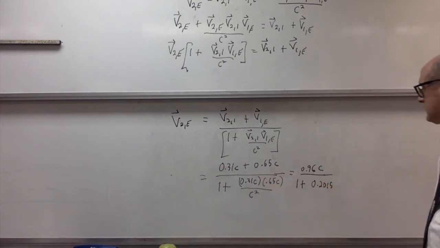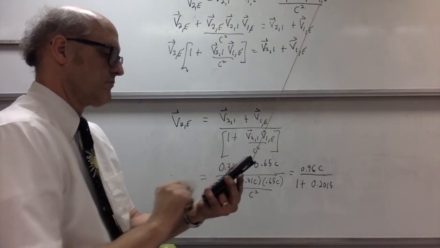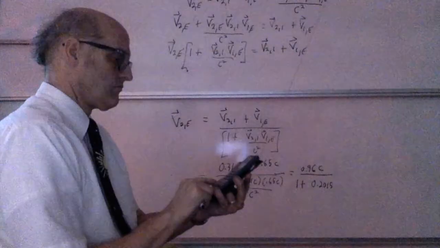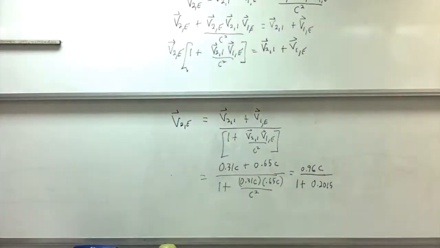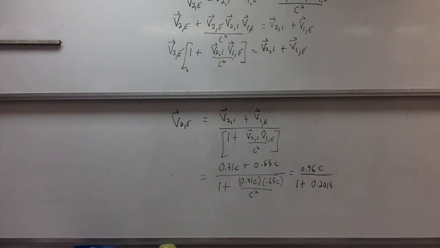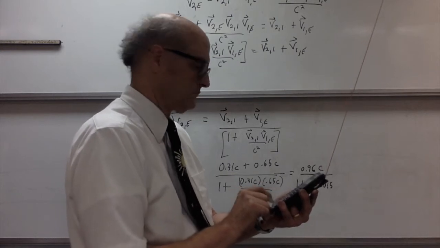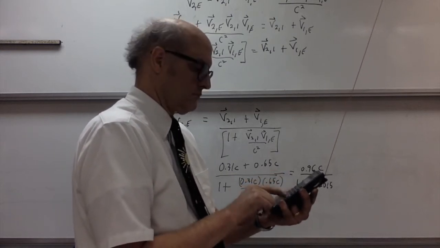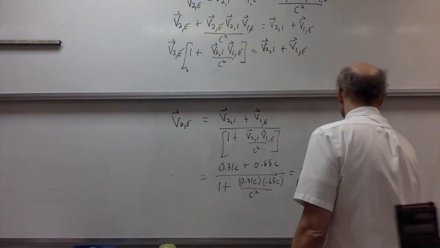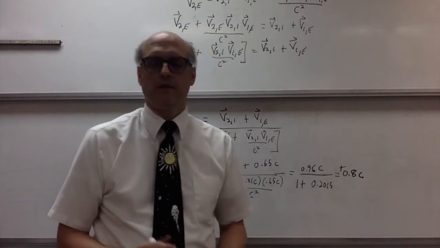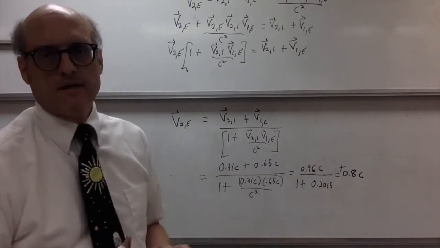Okay, the c's cancel. So the answer is 0.799, or 0.8 c. So in other words, the velocity of Enterprise 2 relative to the Earth is 0.8 the speed of light.